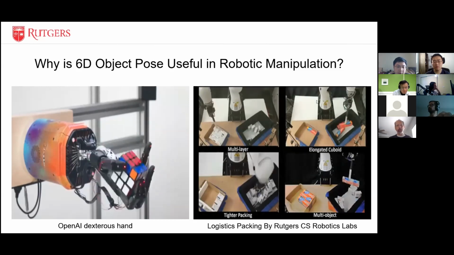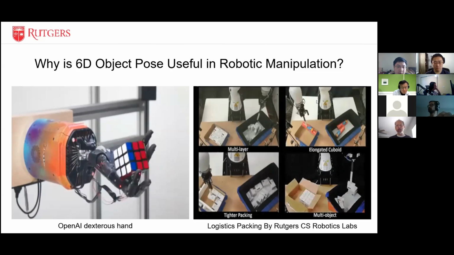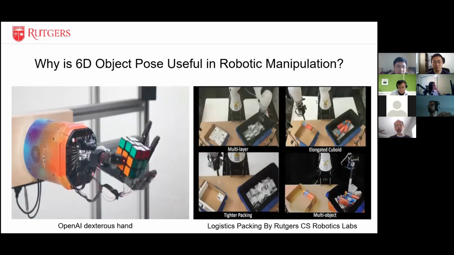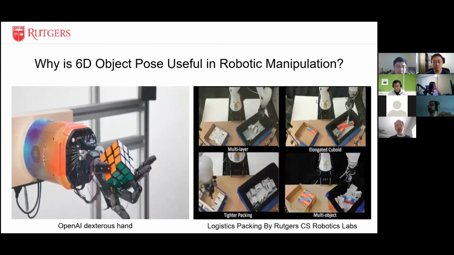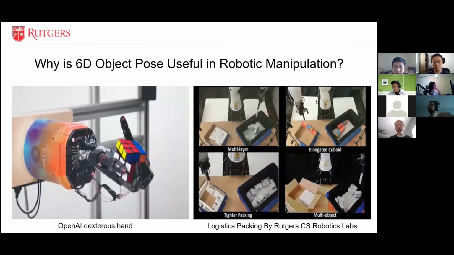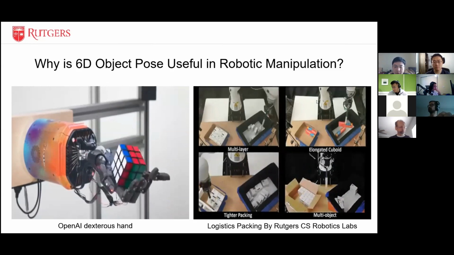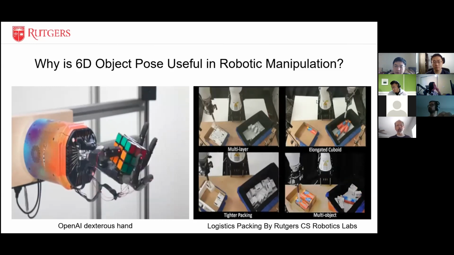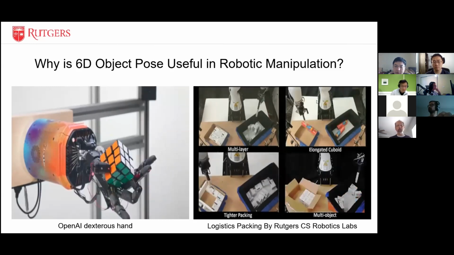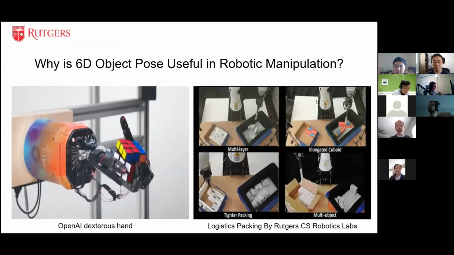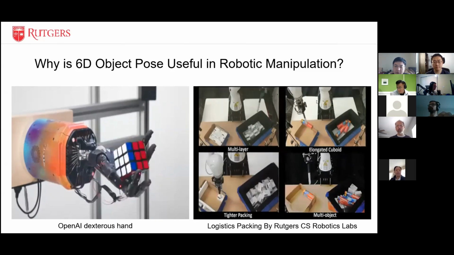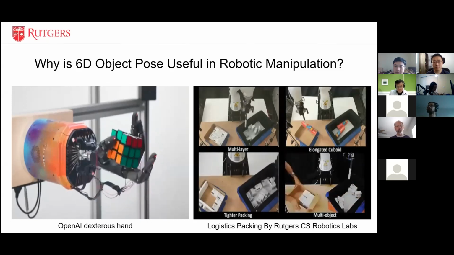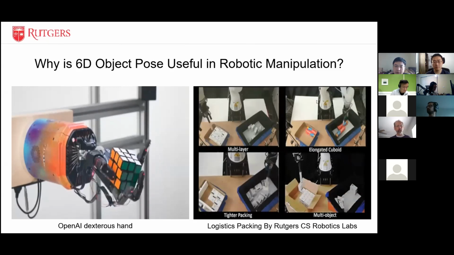In order to achieve this task, the robot needs to constantly have knowledge about the rotation of this cuboid, so that it can rotate to the right direction. Also, in the case of logistics packing, when the robot wants to pick and place the objects into a bin, it also needs to have knowledge about the 6D pose of the objects, so that we can pack these objects densely and aligned in the bin.